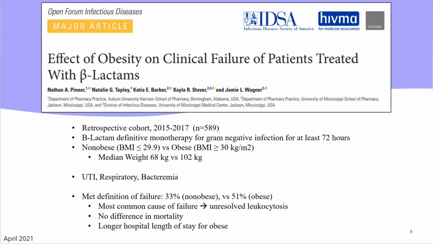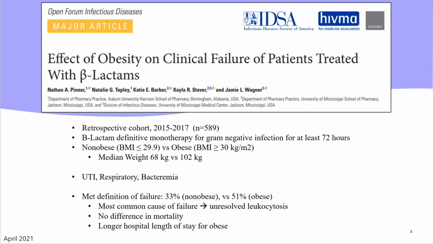Their primary outcome was to define clinical treatment failure as a composite of either a patient that required a change in their definitive therapy because of clinical worsening, residual leukocytosis 72 hours after treatment initiation, presence of a fever after that 72-hour mark, or a readmission within 30 days due to a reinfection with the same organism.